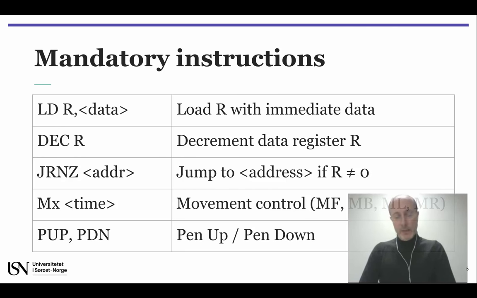Notice that the 4 movement control instructions, move forward, move backward, move left, or move right, require an indication of the time that each movement is supposed to last. The fact that it is specified in terms of time instead of steps is to enable you to rotate the motors at different speeds if you want to draw an arc while moving.